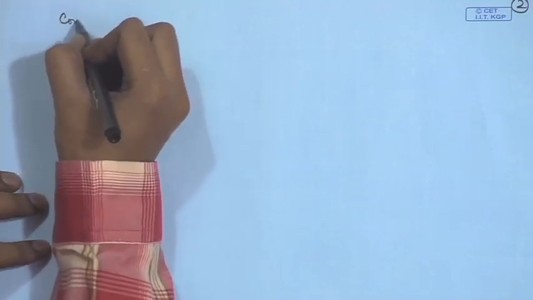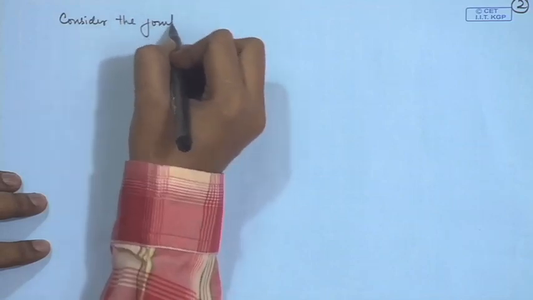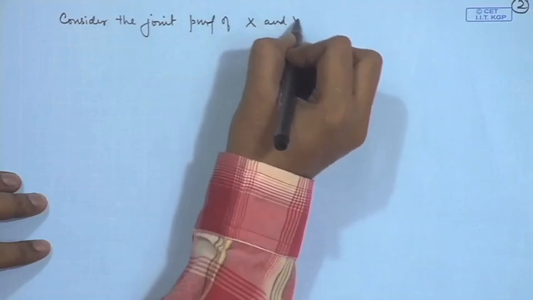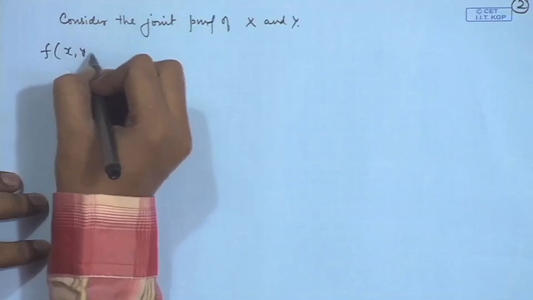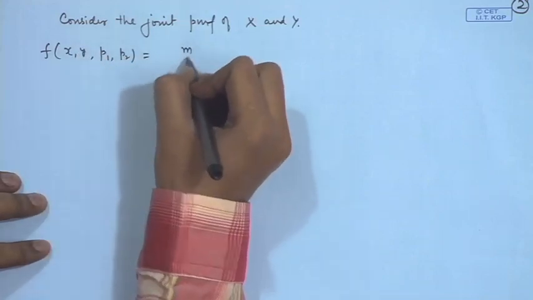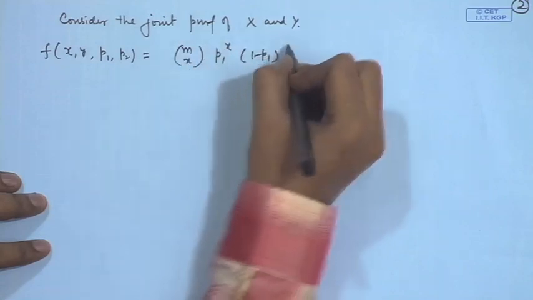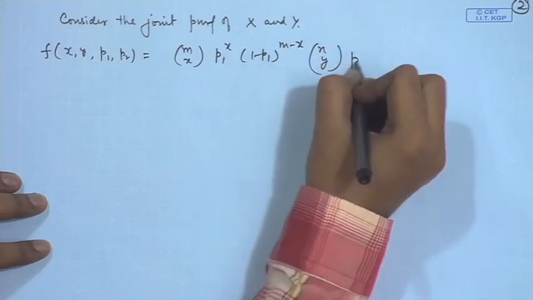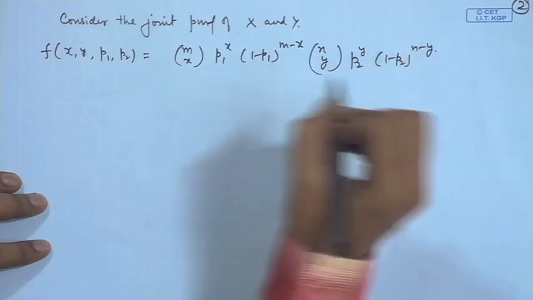So, consider the joint probability mass function of x and y. f(x, y; p 1, p 2) is equal to m c x p 1 to the power x, 1 minus p 1 to the power m minus x, n c y p 2 to the power y, 1 minus p 2 to the power n minus y.